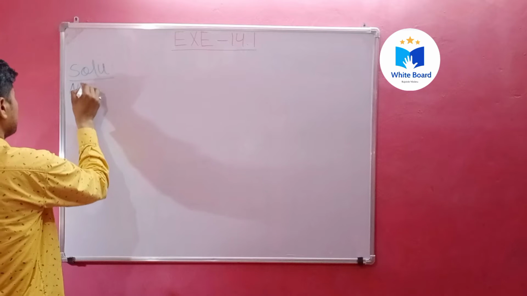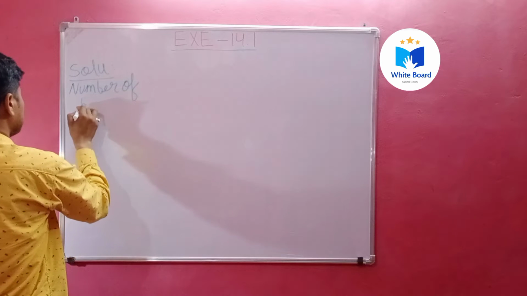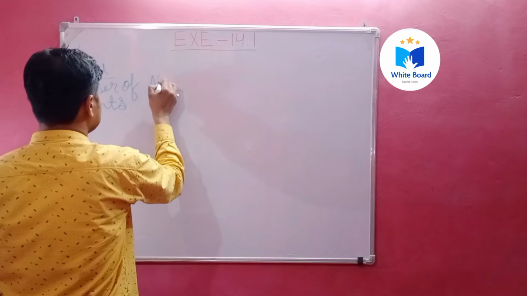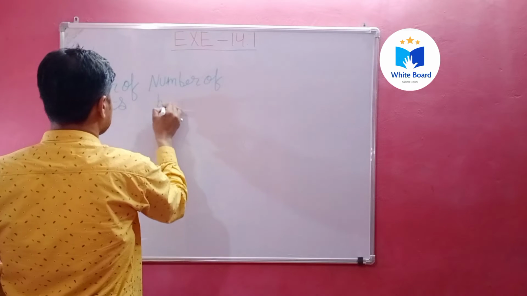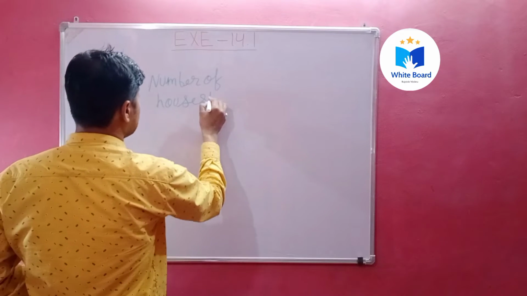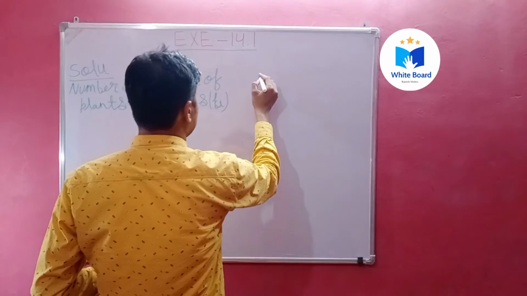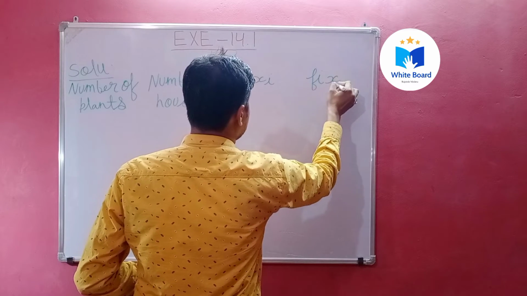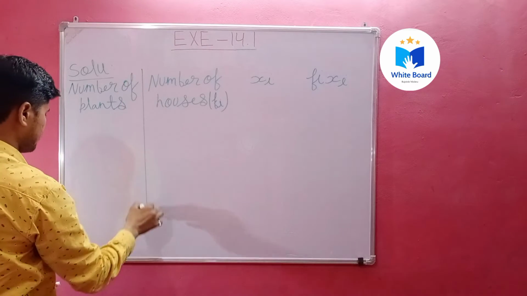Now we take number of plants and number of houses. Number of houses is denoted by fi, and here we find the class mark that is denoted by xi, and here we find out fi xi, that is the product of frequency and class mark.